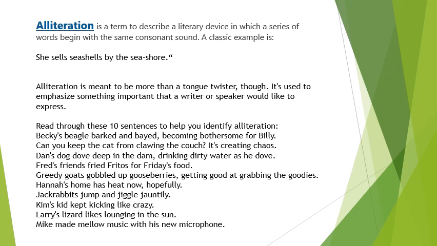So you must have heard about the tongue twisters. The best example is she sells seashells by the seashore. So the repetition of consonant sound S is the best example of alliteration.